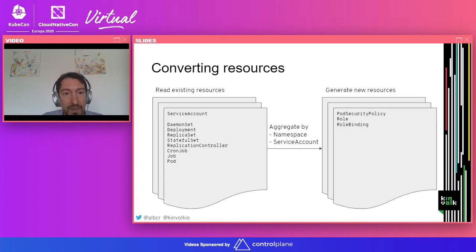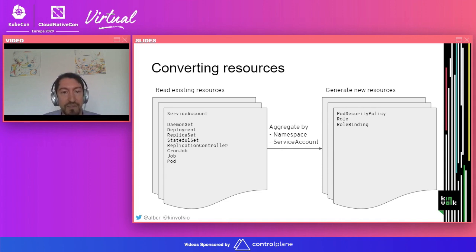So in more detail, it will read different resources like the service account and all the workloads like daemon set, deployment, replica set, jobs, and so on. And then it will aggregate that by namespace and service account and generate a new pod security policy and role binding for each of them.